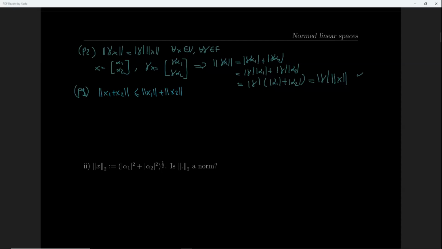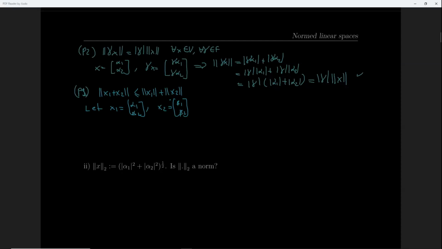So let x1 be equal to alpha 1, alpha 2, and let x2 be equal to beta 1, beta 2.